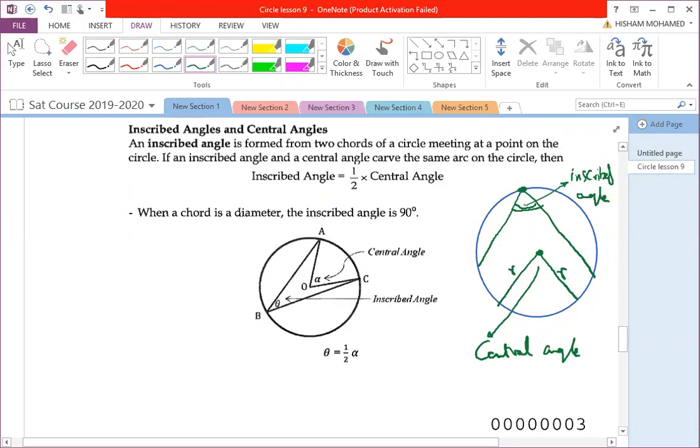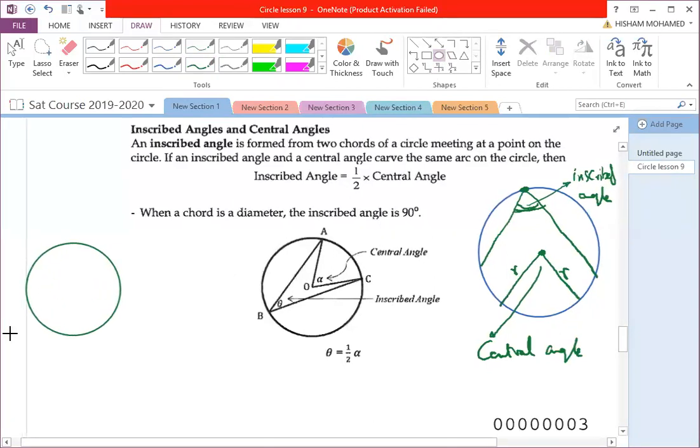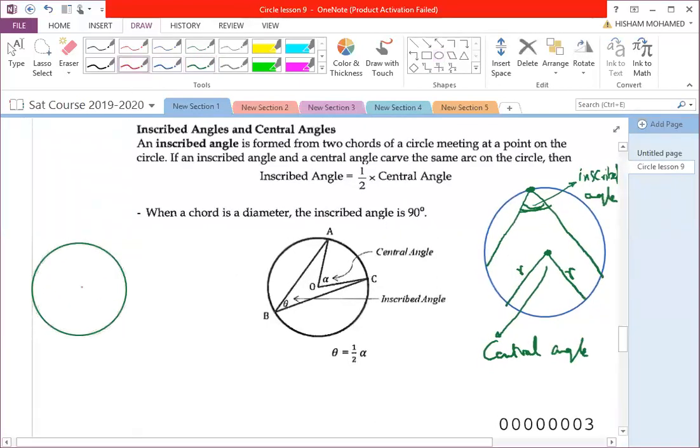What is the relation between the inscribed angle and the opposite arc? The inscribed angle is equal to half the measure of the opposite arc. For example, if this is 2 theta, the measure of this arc is 2 theta. If this arc is 100 degrees, so this angle is 50 degrees. So the measure of the inscribed angle is half the arc.